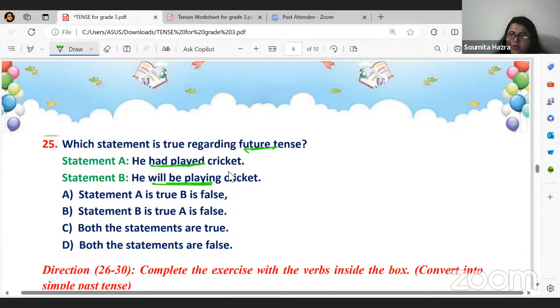Statement B is true but A is false. Both the statements are true. Both the statements are false. As in, both sentences, or none of the sentences, are written in future tense. Which one is the correct option? This time you should give me the correct answer.